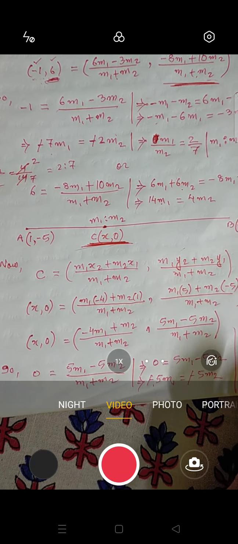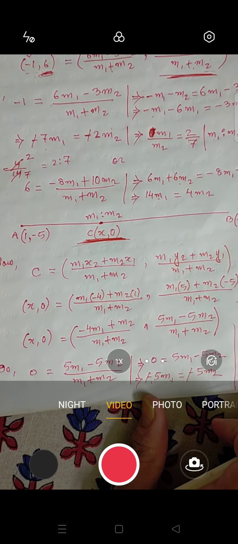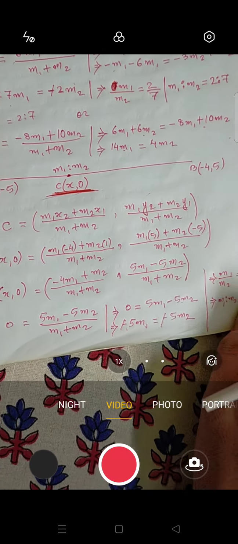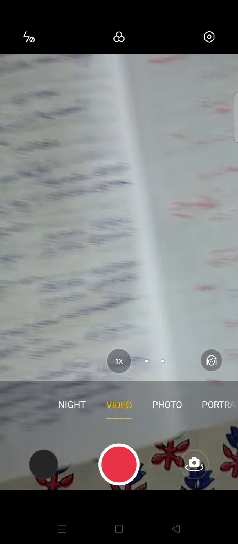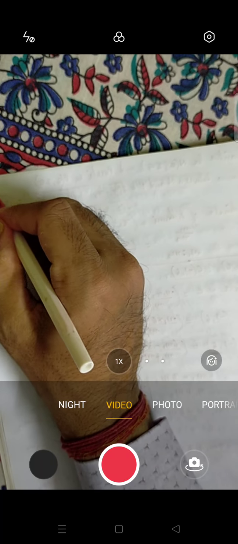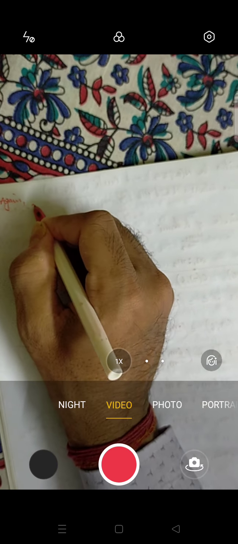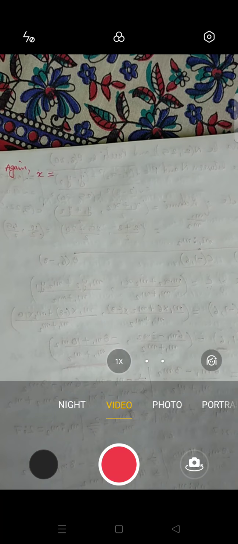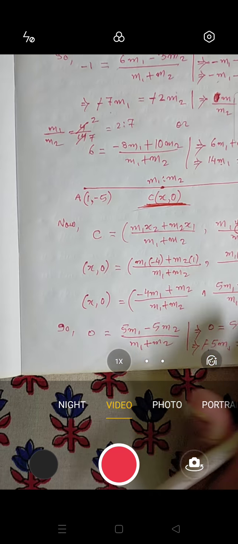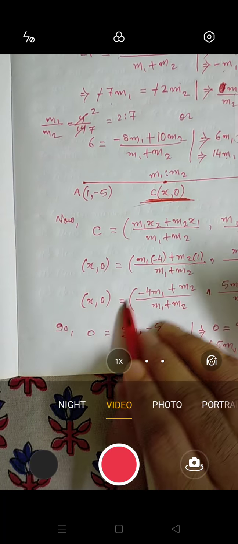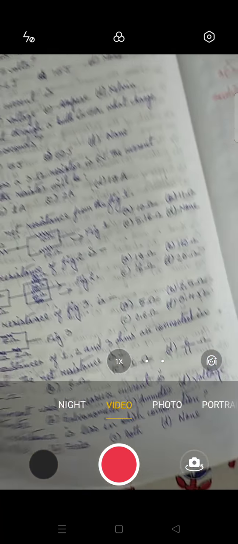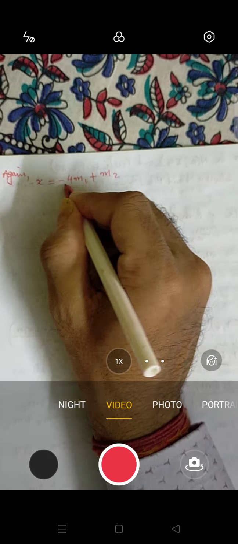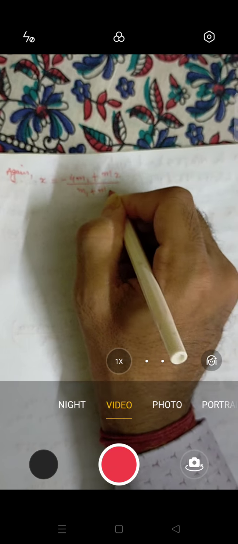So can we say that x is equal to what? X is equal to minus 4m1 plus m2 by m1 plus m2. Any problem?